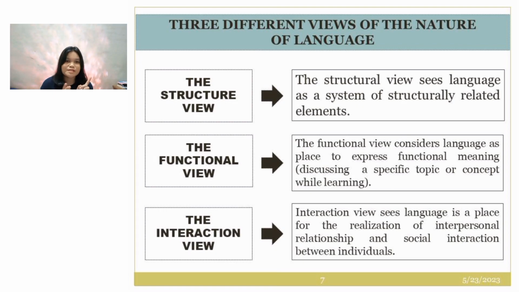They think that we can build communication only if we have a partner. So that is the interaction view. So there are three different views of the nature of language.